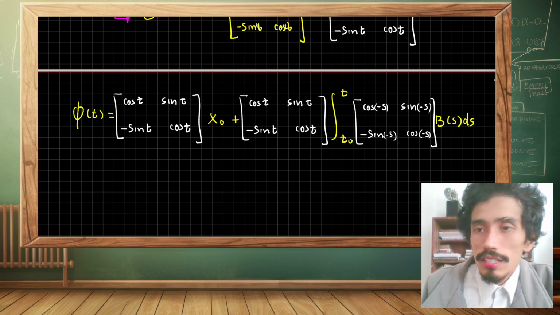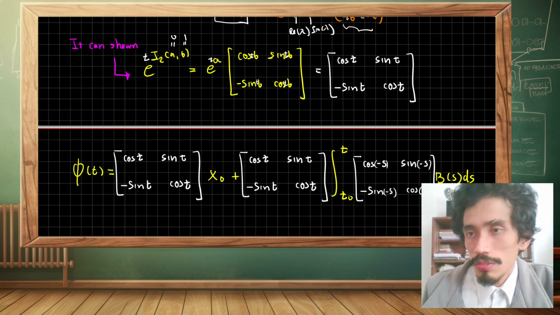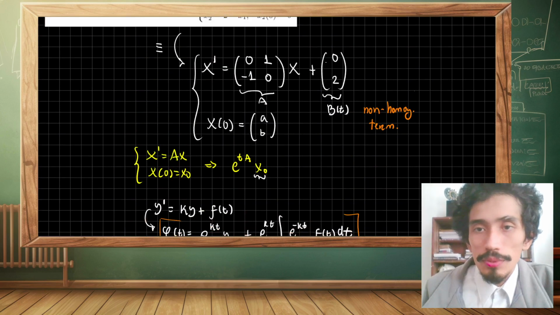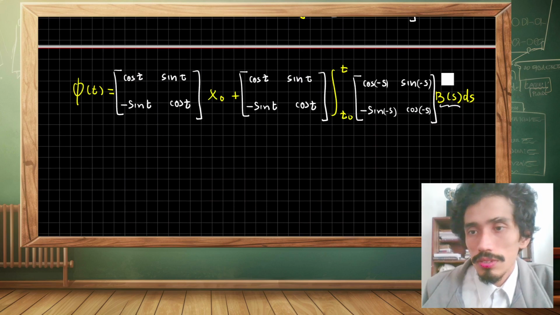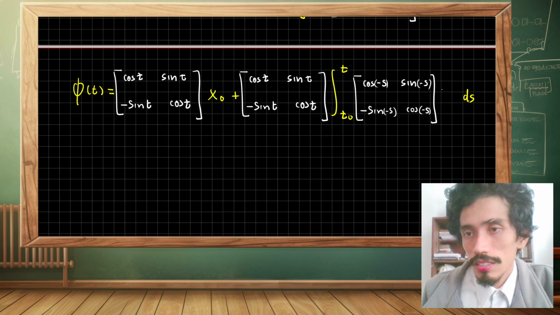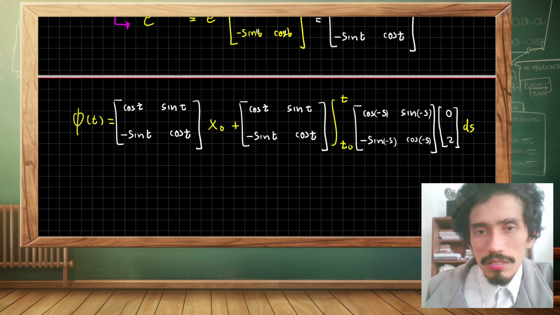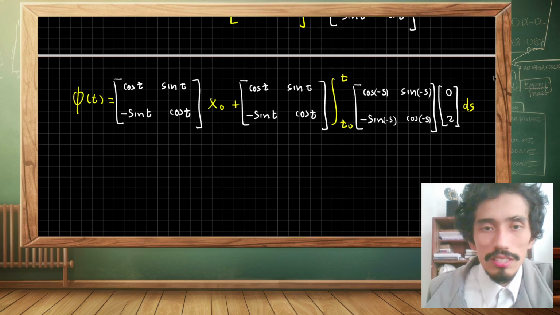All right, now we replace the non-homogeneous term, which was this one. It's a vector with 0 and 2, so we replace it here. We can replace the initial value, which was a and b.